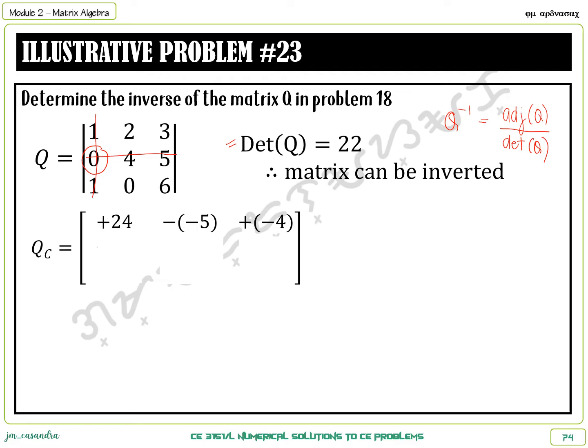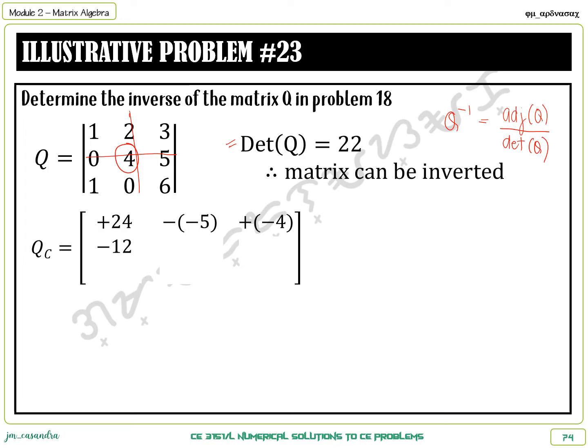So we'll have negative 2 times 6 minus 0 times 3. So we'll now have negative 12. Next we have 2, 2. So that will now be positive 1 times 6 minus 1 times 3.